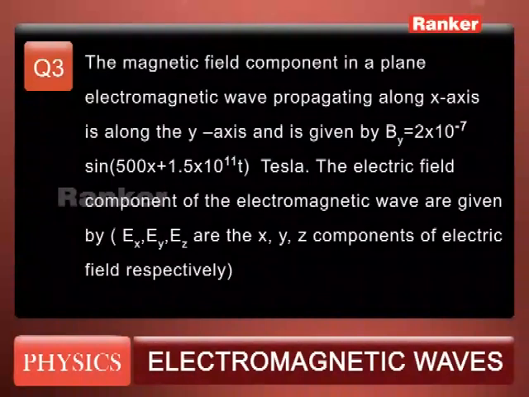Question number 3. The magnetic field component in a plane electromagnetic wave propagating along positive x-axis is along the y-axis and is given by 2 into 10 power minus 7 sine(500x plus 1.5 into 10 power 11 t) Tesla.